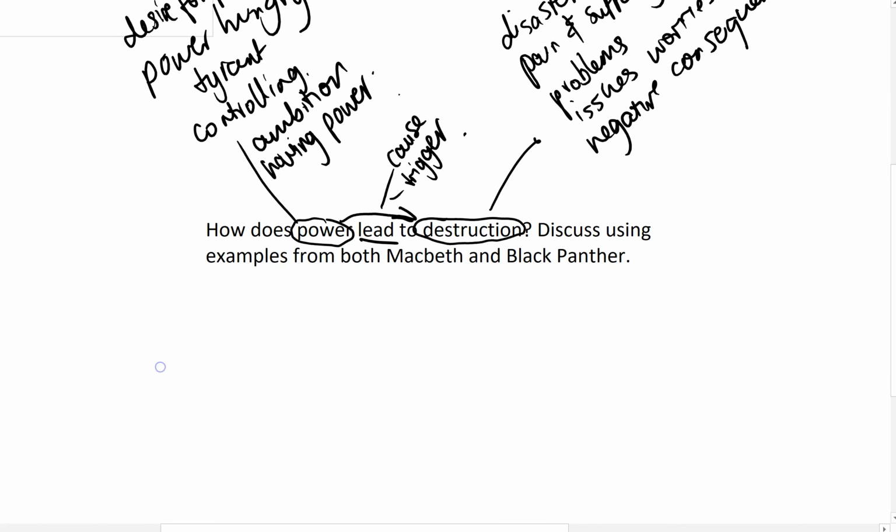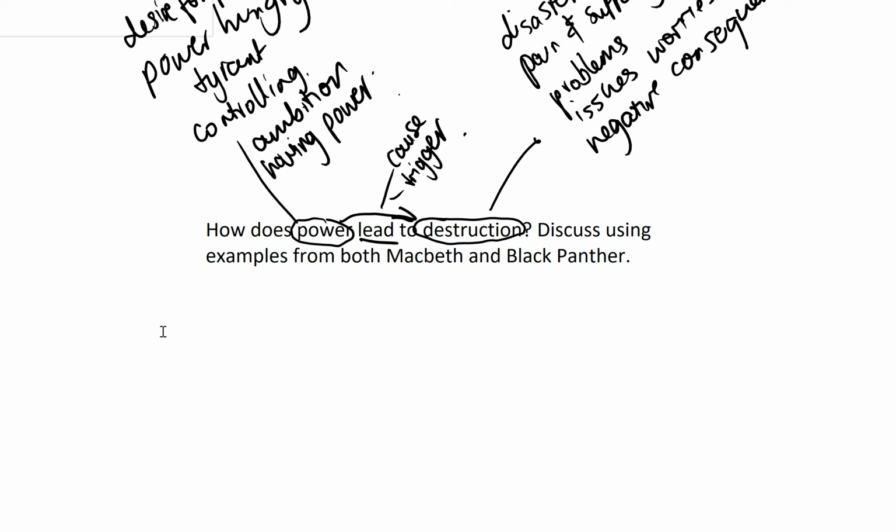So if we start thinking of different questions that come from this, how does power lead to destruction? We might come up with, well, does power lead to destruction? So that's the first question. Is it power that actually causes people to have problems, issues, suffering, betrayal, or is it something else?